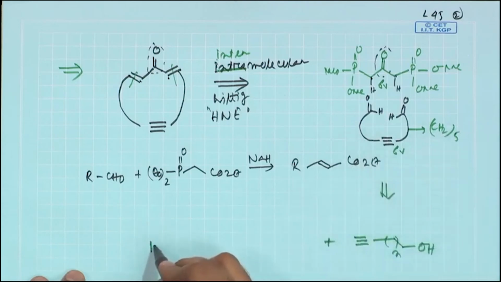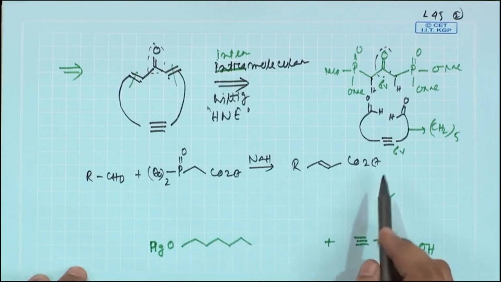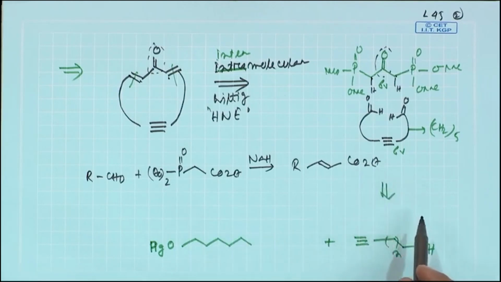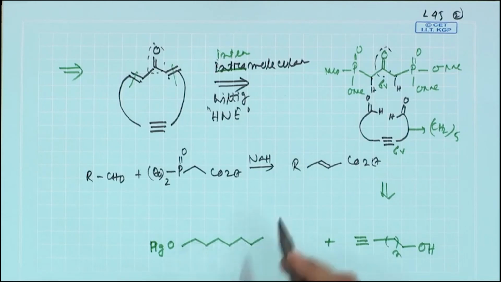So you again put a... basically you need how many carbons? You need 1, 2, 3, 4, 5, 6, 1, 2, 3, 4, 5, 6, this X iodo or bromo.